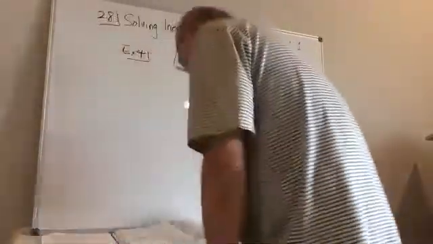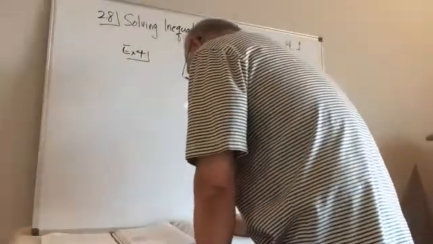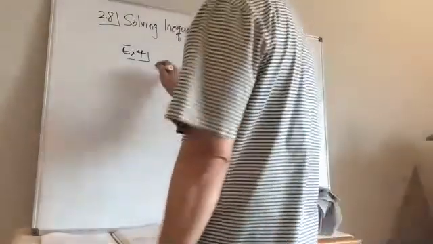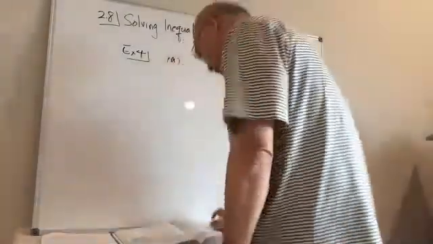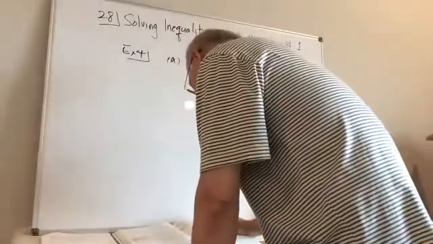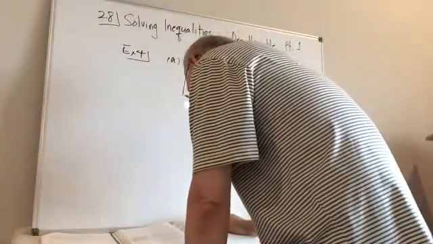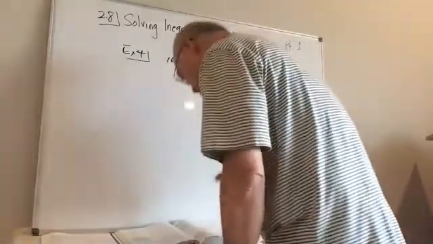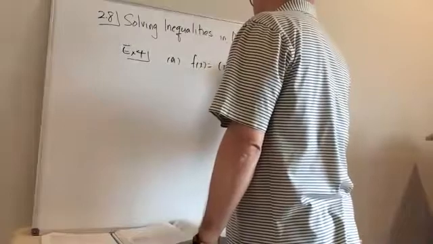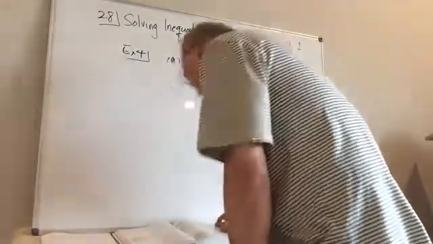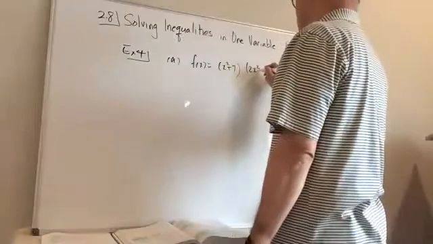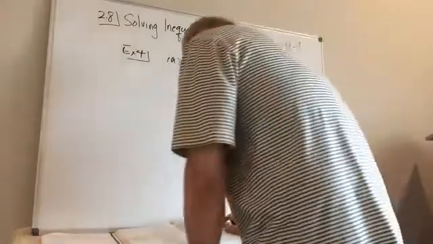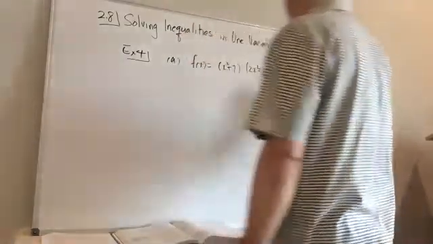Example number 4, it says, solving a polynomial inequality with unusual answers. So in A, we have f of x is equal to x squared plus 7 and 2x squared plus 1, and the solution of f(x) is equal to 0.